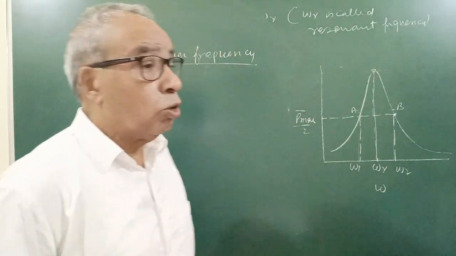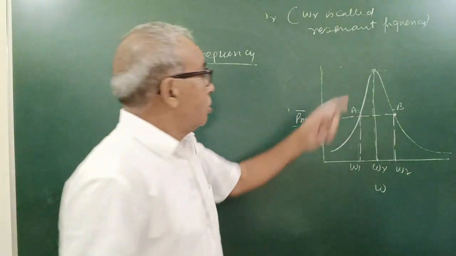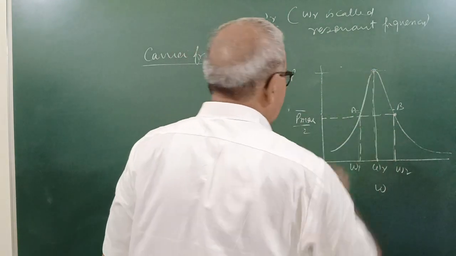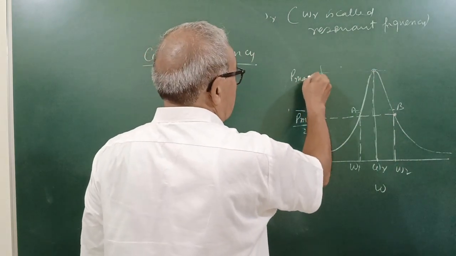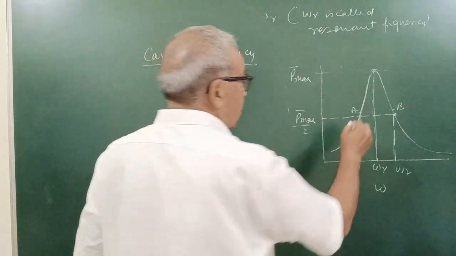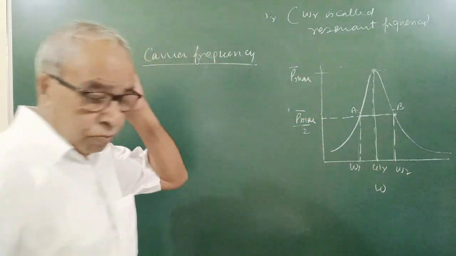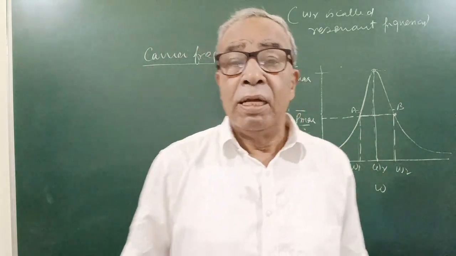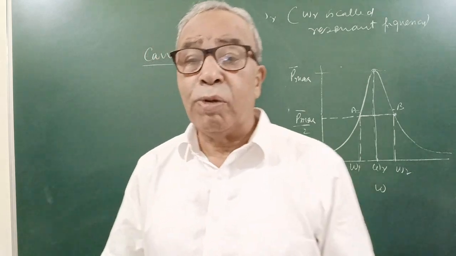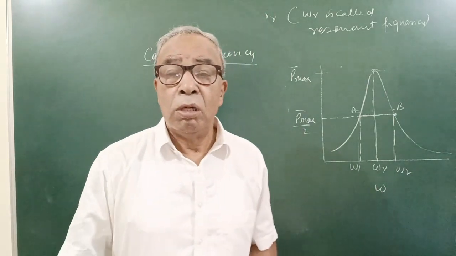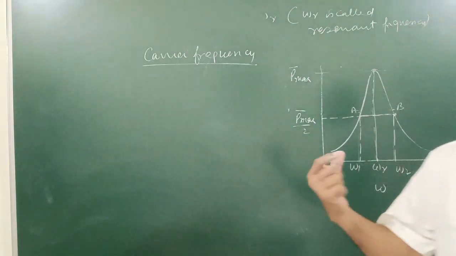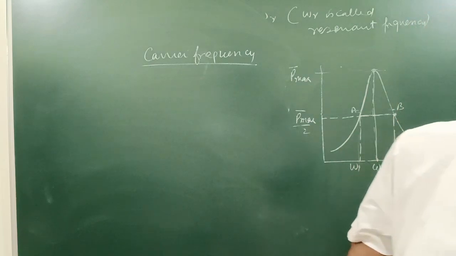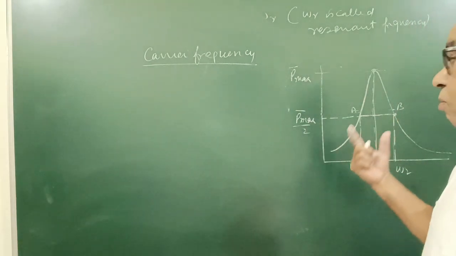So to have good tuning, the resonance should be sharp, and it will be sharp only if this width is small. All these frequencies are important. Our audible sound frequency varies from 20 Hz to 20 kilohertz, so in this range all frequencies are there. Please try to understand what I am telling you.